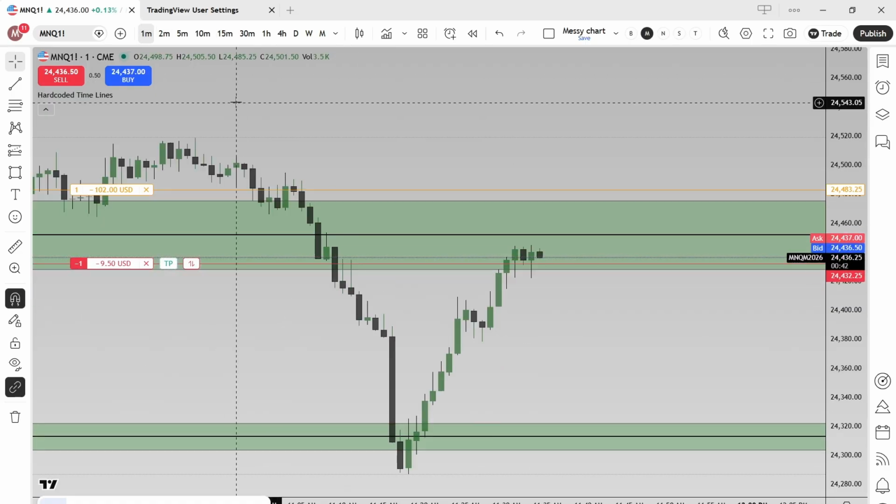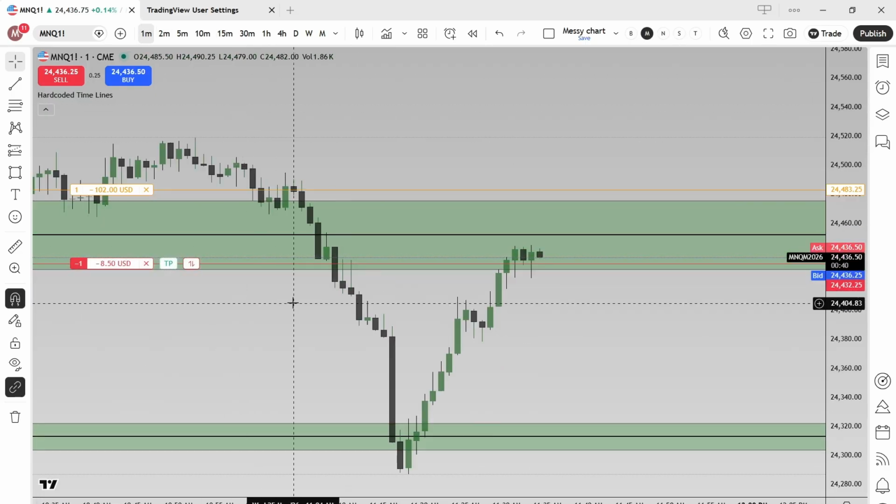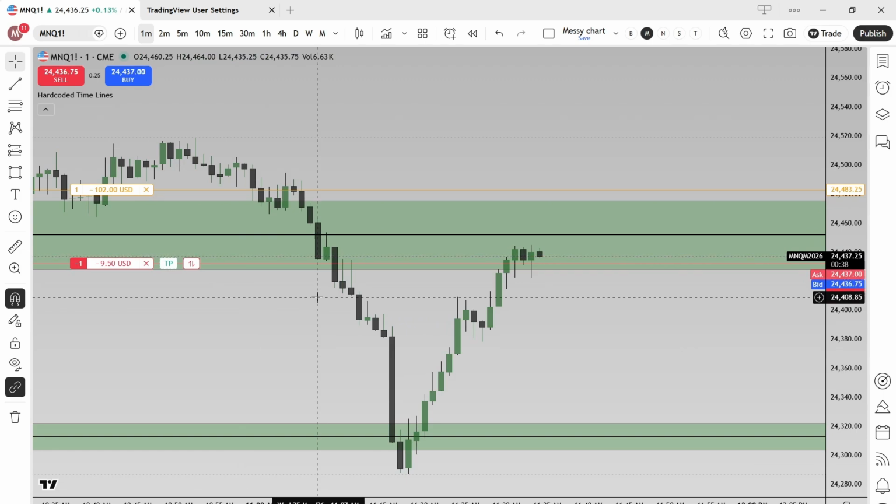I didn't really wait for any confirmation on the 1 minute chart, which is not very smart on my part, but I just wanted to get in. I'll add more contracts at confirmation.